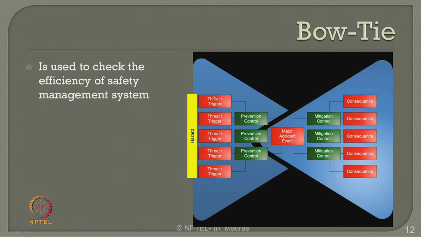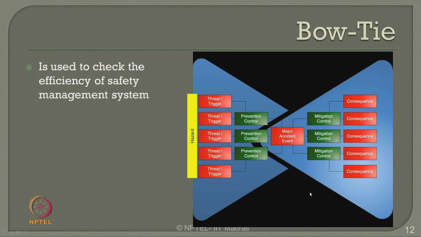Once this probability of occurrence of an accident is evaluated, then one can also look at the mitigation control methods you already have in place, which can be used to control the accident if it has occurred. And if you are not able to control or mitigate 100%, what would be those consequences which arise from debarring these control mechanisms.